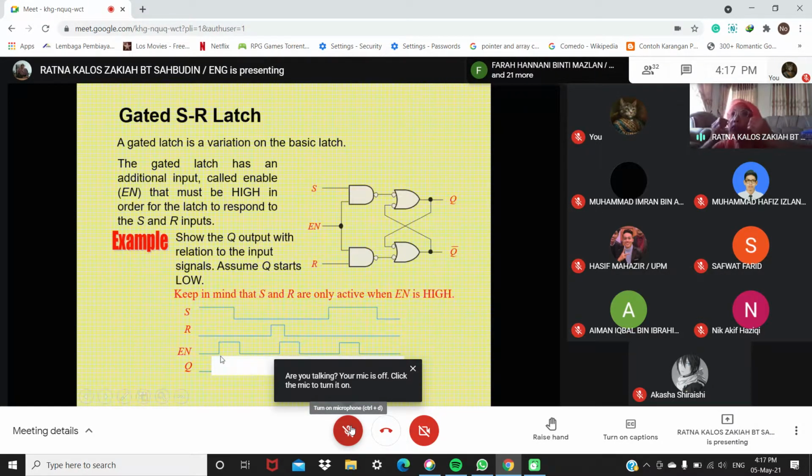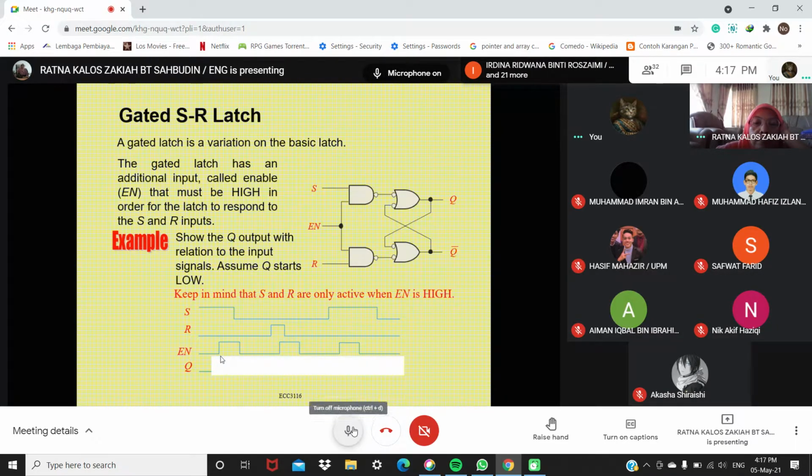Q will be high or low? High. Q will be high. It will be high until here.